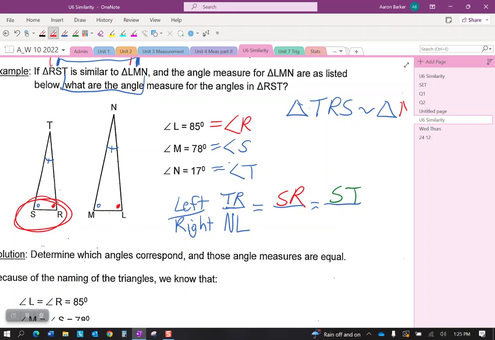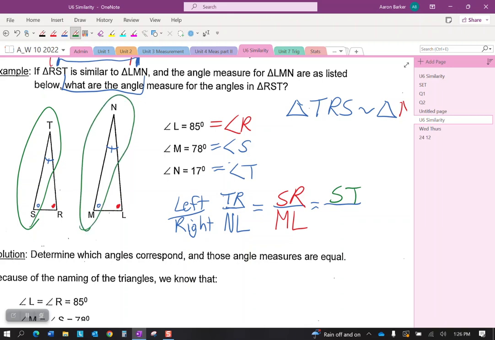Which side is between the dot and the circle on the other triangle? ML. So ML must go underneath SR. Those sides correspond. The angles tell us that. Last one, ST. ST is between the dot and the angle symbol, the one line. Which side corresponds? MN. So MN goes underneath.